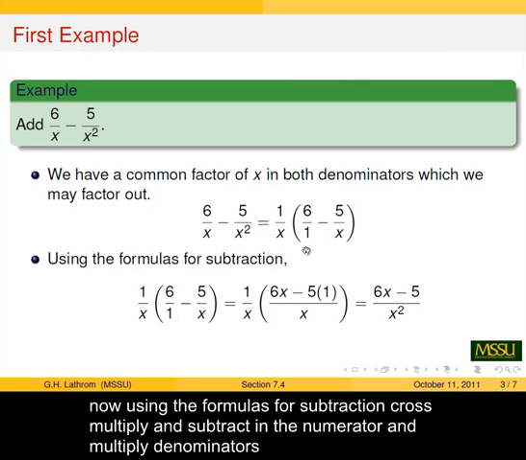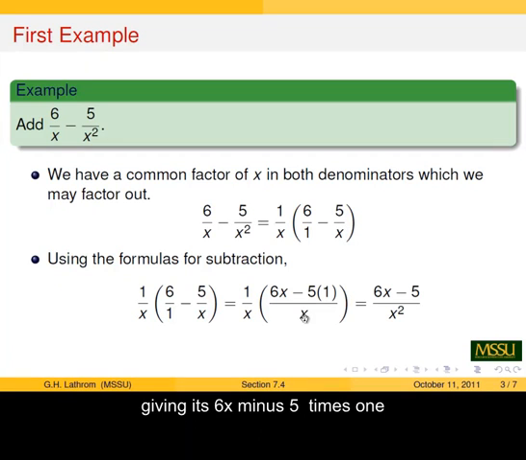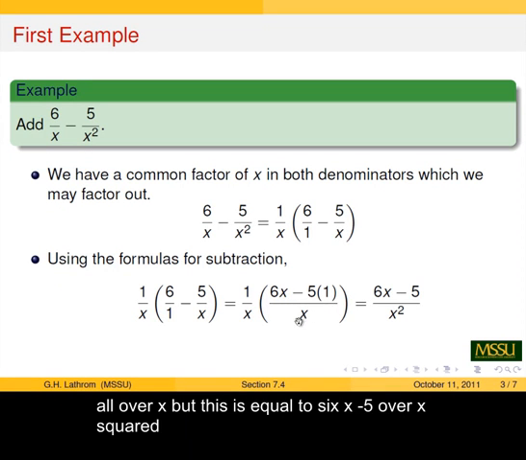Now, using the formulas for subtraction, we cross multiply and subtract in the numerator, and we multiply denominators, giving us 6x minus 5 times 1 all over x, but this is equal to 6x minus 5 over x squared.